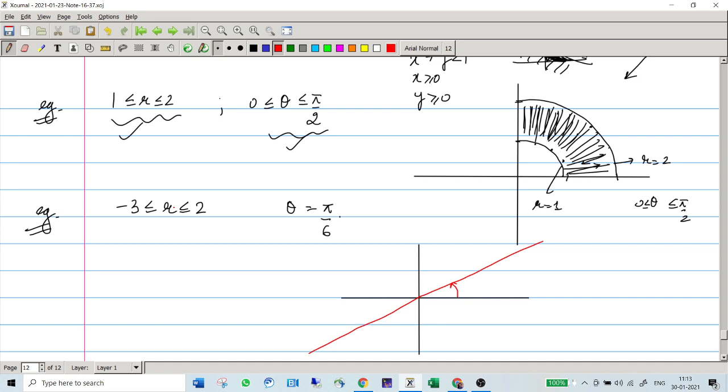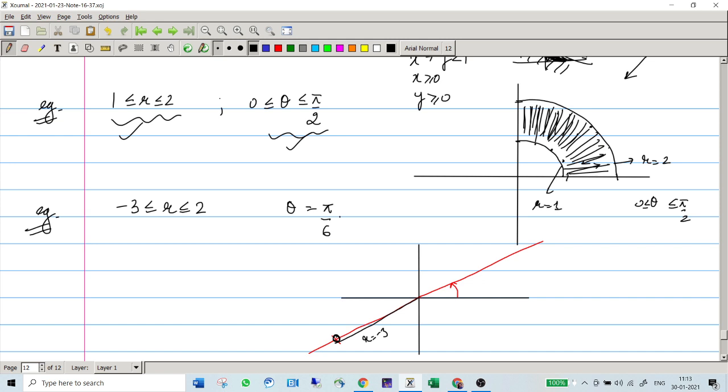Now when your r is minus 3, while traveling along theta equal to pi by 6, you're traveling minus 3 units along pi by 6, that is, 3 units away from the origin. So you'll be traveling till this point. So r can be minus 3 and r is less than or equal to 2.